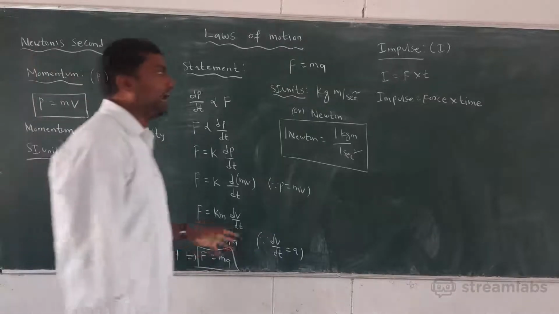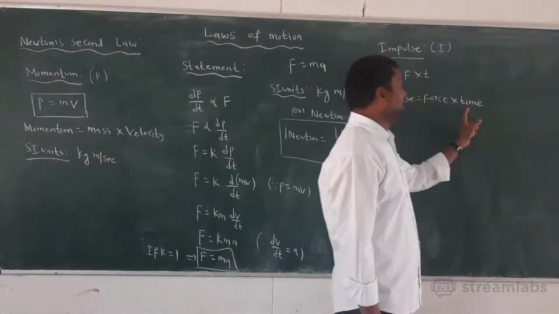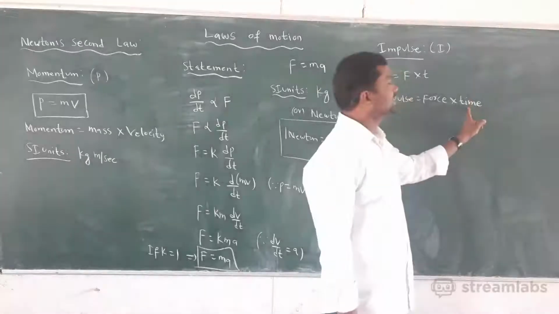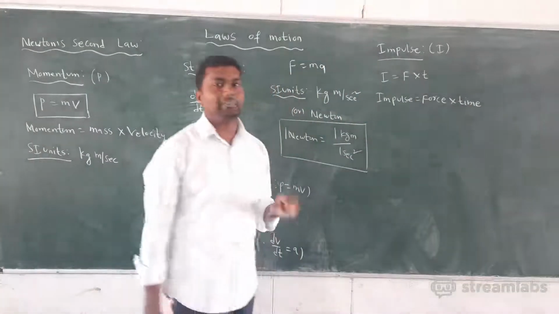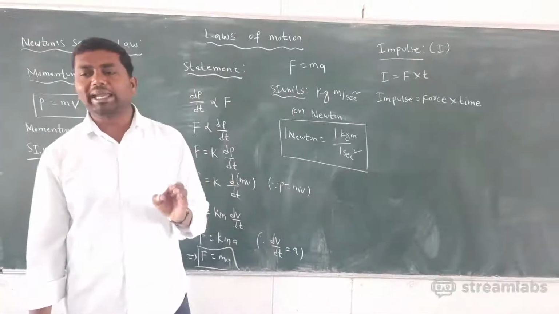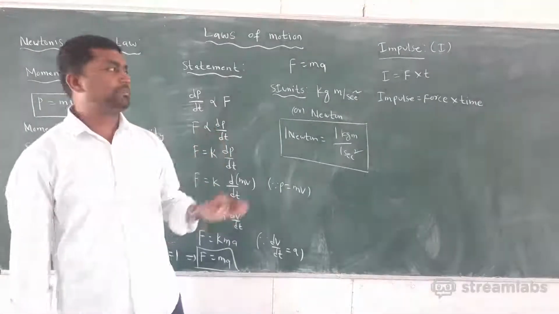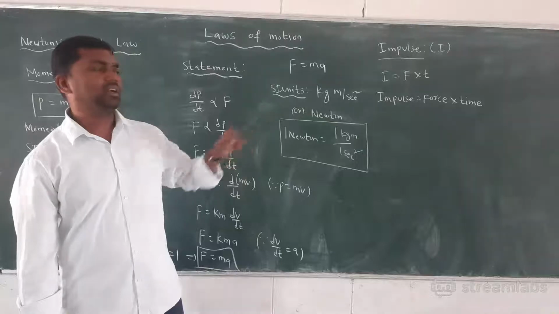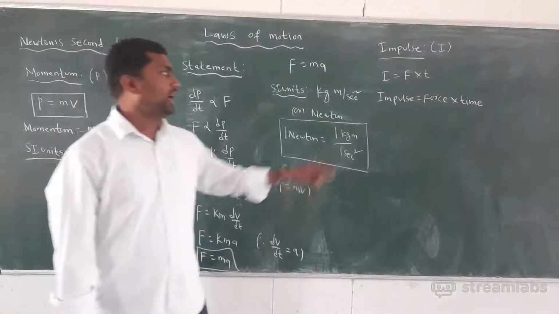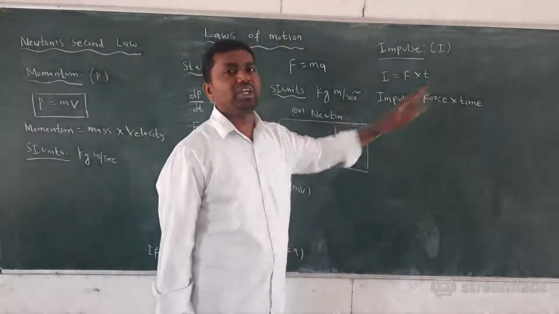The product of the force applied on the object and the short time is called impulse. The product of force and time is called impulse. Impulse is represented by I, F is the force and T is the time. So I is equal to F into T.